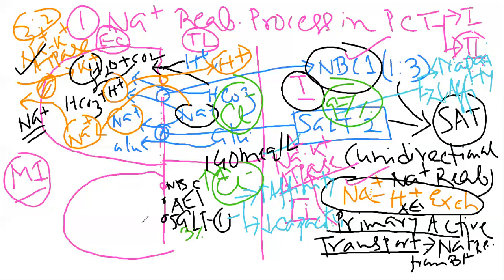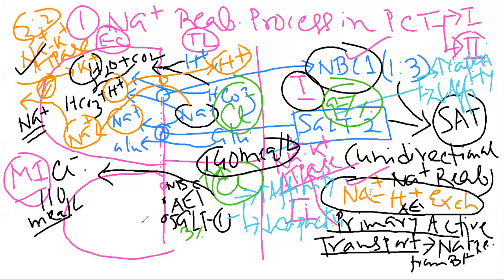And we know that in the medullary interstitium, the concentration of the chloride ion is only 110 milliequivalent per liter. So due to this concentration gradient, this chloride ion actually gets reabsorbed via the paracellular route. So chloride ion ultimately comes from part 2 of the PCT into the medullary interstitium by this paracellular route.